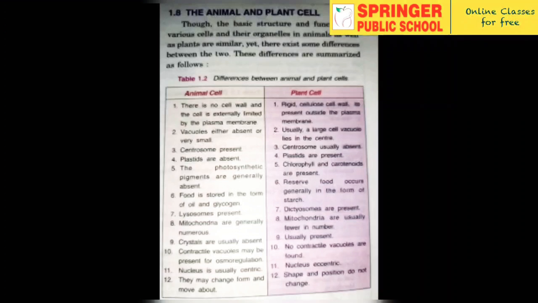Students, you can see there is a differentiation chart given here. You can easily read about the animal cell and plant cell.